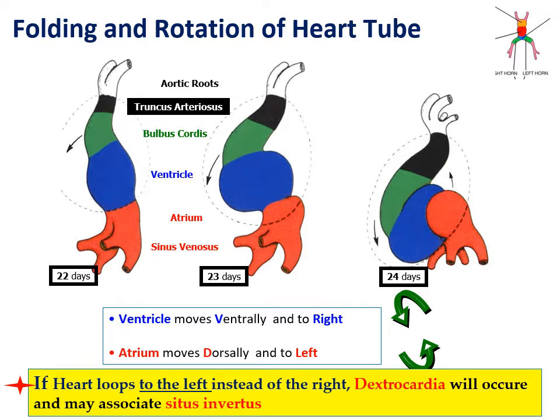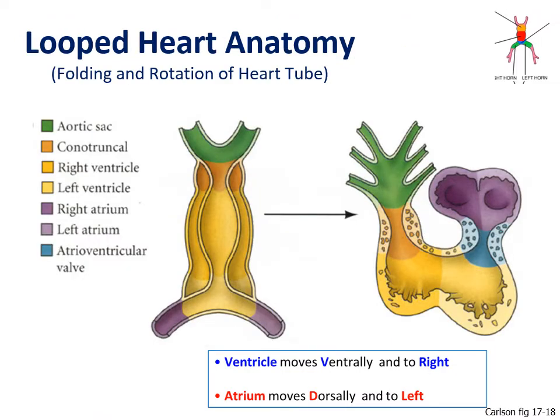Exactly like this one, anti-clockwise. Again, just to stress the idea, this is the looped heart, after looping of the heart. Again, I am repeating with some different diagrams so as to fix the idea in mind.